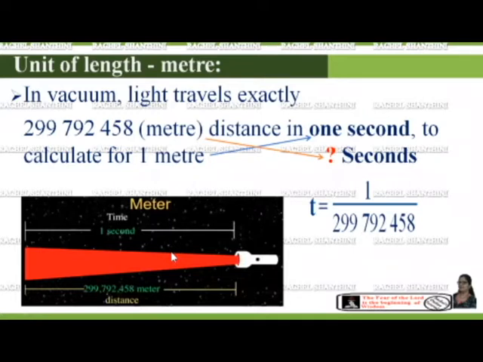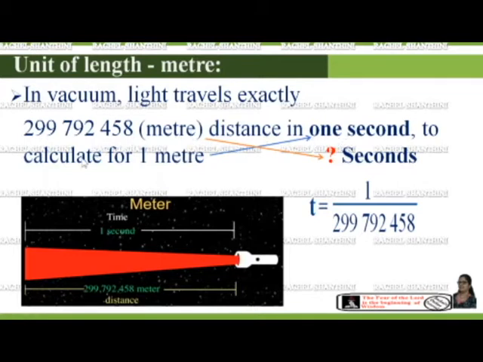So the meter is the length of the path traveled by light in vacuum during a time interval of 1 upon 299,792,458 of a second. In vacuum, light travels exactly 299,792,458 meters in 1 second.